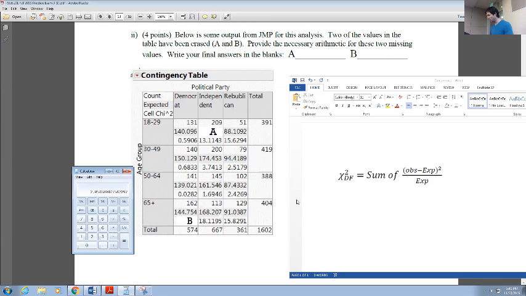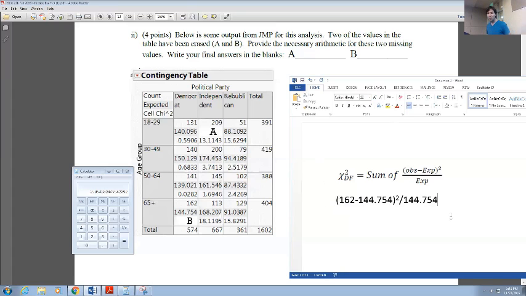Oh, the numbers I plugged in. Sure, let's do that. The numbers I plugged in were 162 minus 144.754. I then took that quantity and squared it, and then everything was divided by 144.754. So there is the formula right here.